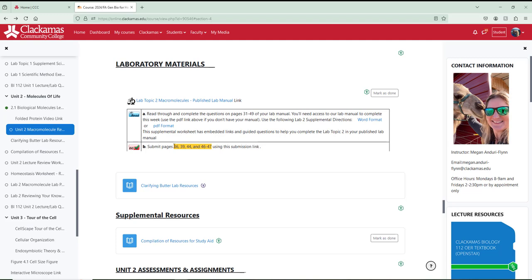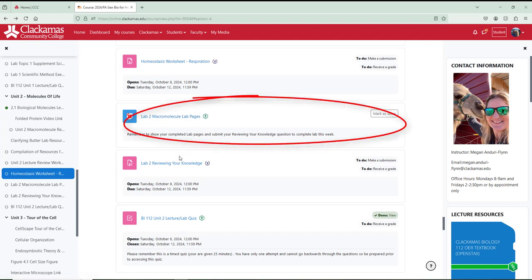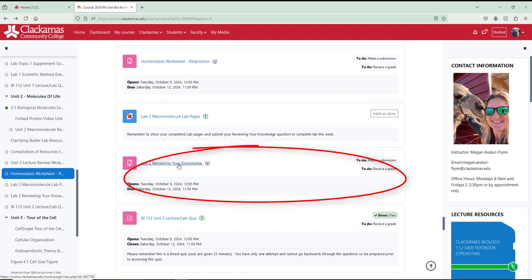Okay, so you can take pictures of those with your cell phone and then upload them through Adobe Scan that converts it to a PDF right away, or whatever other method that you have. Okay, so those will get submitted via this link, and then this link right here will have your Reviewing Your Knowledge worksheet.